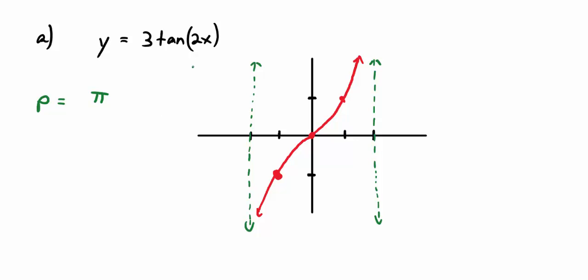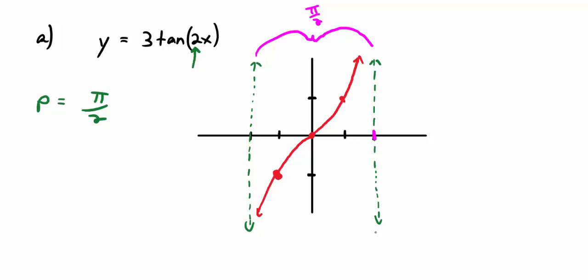Pi over 2, whatever the number is right there. What does that mean? That means the entire distance between the asymptotes. So this is worth knowing. The entire distance between the asymptotes is pi over 2, which means half that distance out to this scale mark here is what? Pi over 4.